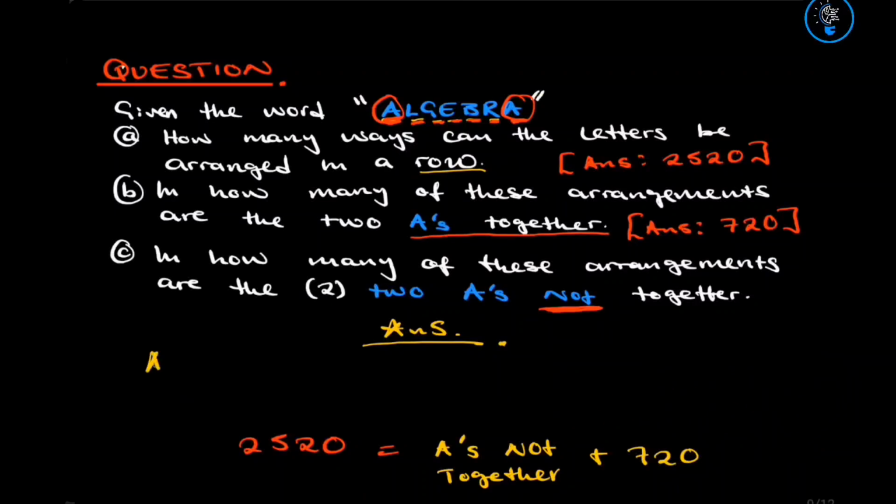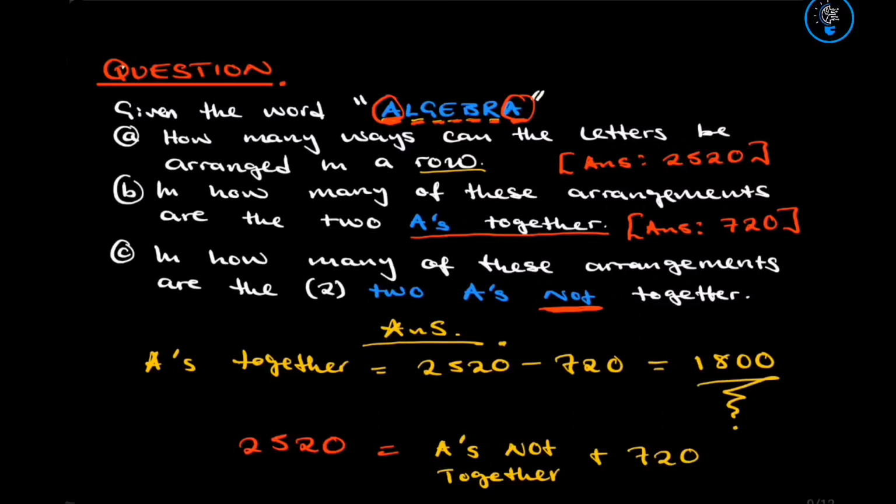And we're going to end up with not together equals 2520 minus 720. And when you punch this into your calculator, you're going to get 1800 as the total number of arrangements if A's are not together.